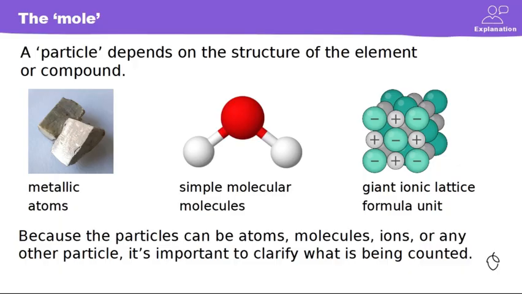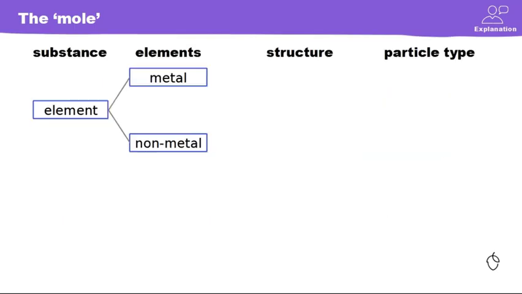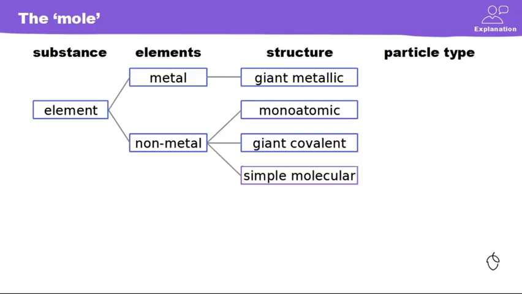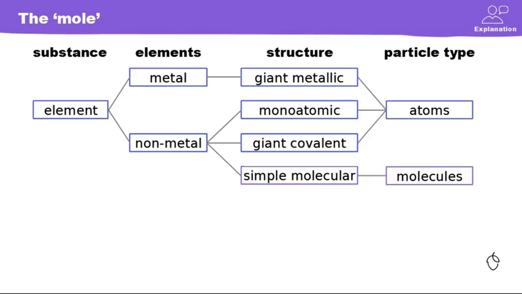Okay, so with elements, you have metals and non-metal elements. The metals can be a giant metallic structure, and the non-metals can be monoatomic, giant covalent, or simple molecular structure. These particle types could be atoms or molecules.